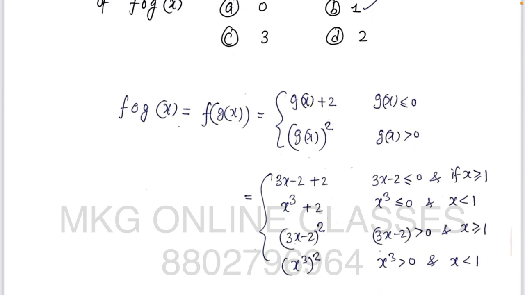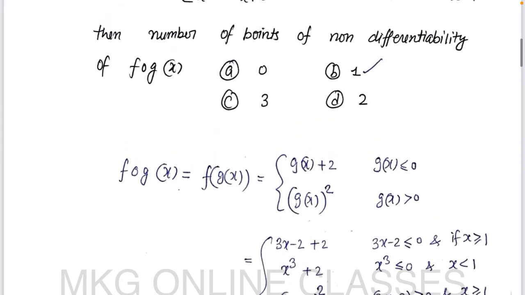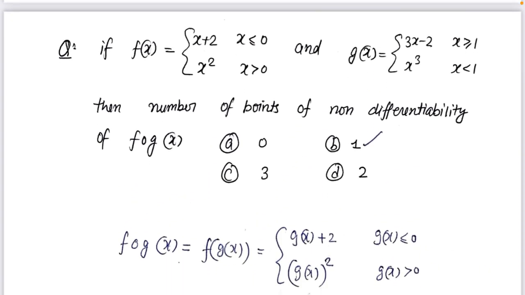So first I will write in place of g(x) 3x minus 2 plus 2, 3x minus 2 less than or equal to 0. I hope you know how to write f of g(x). I hope this should be clear.